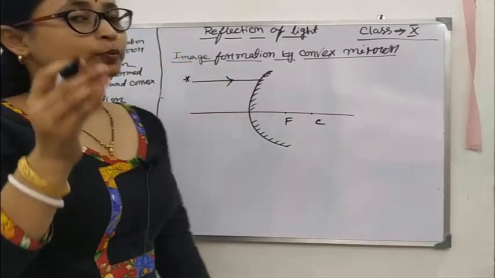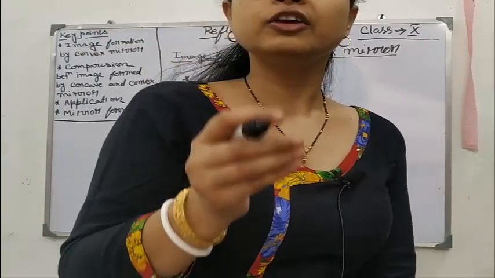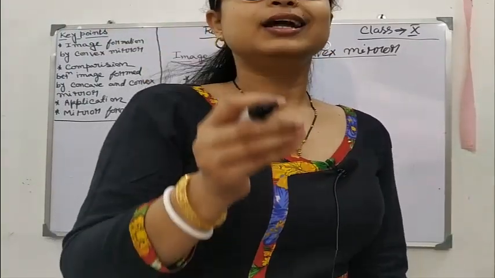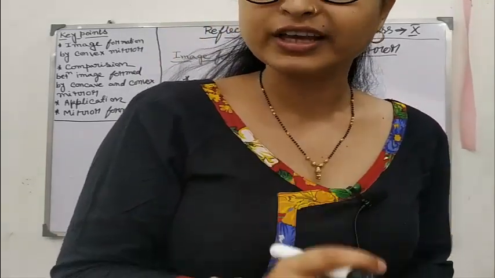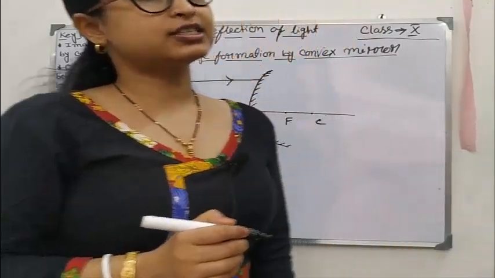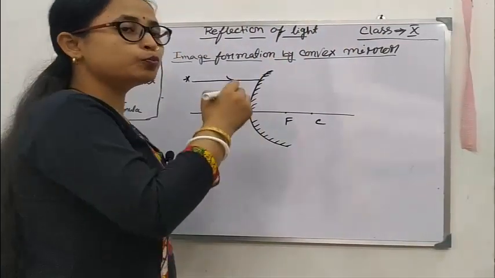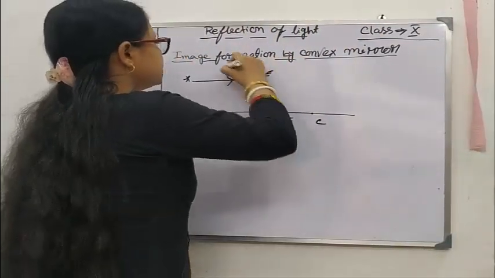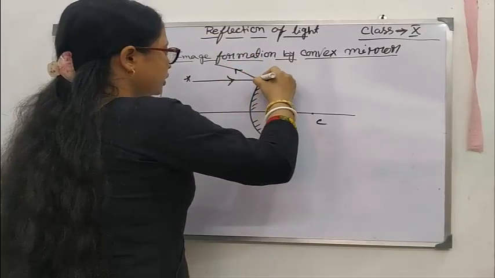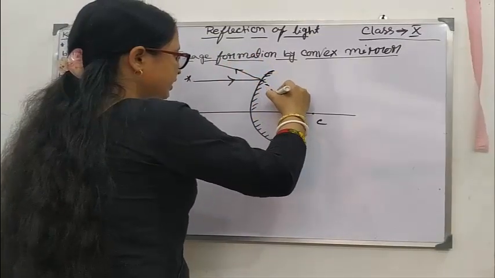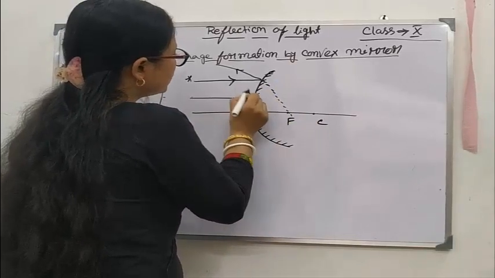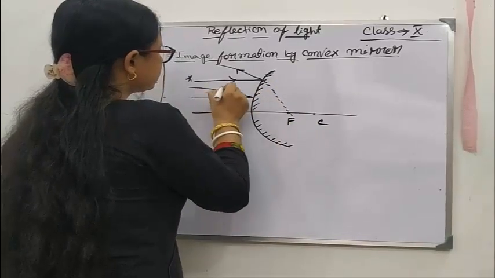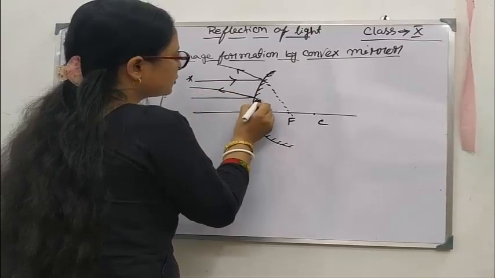From the rule of formation of image, we know that whenever a ray parallel to the principal axis is incident on a convex mirror, then after reflection it will appear to pass through the focal point. So if you extend this ray, it will appear to pass through the focal point like this.